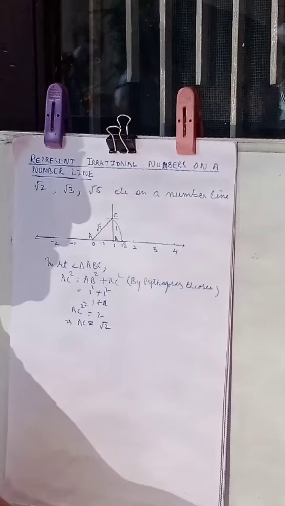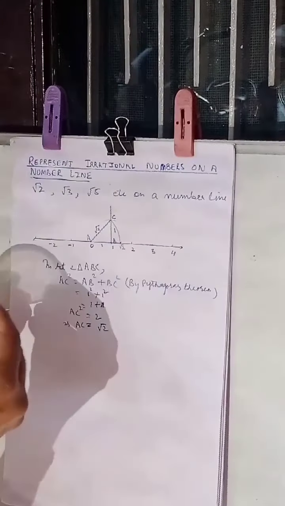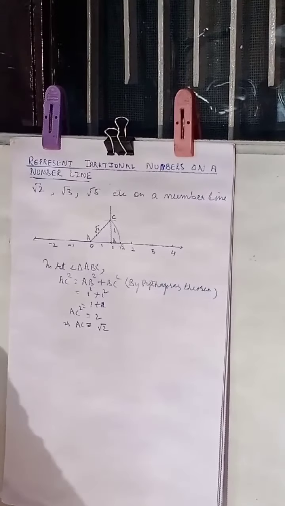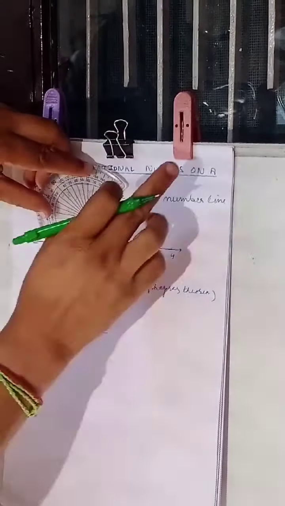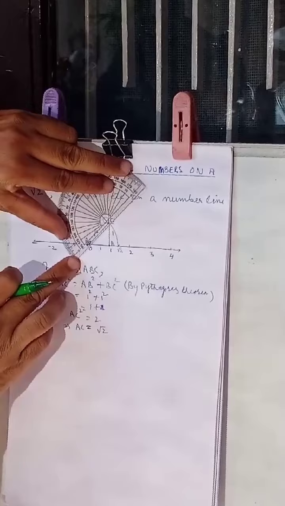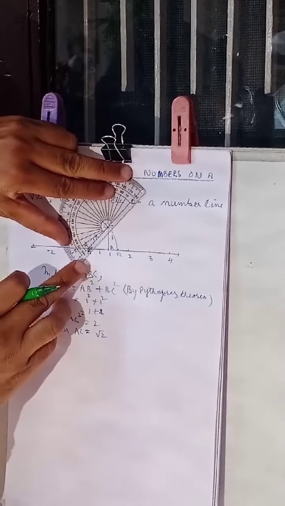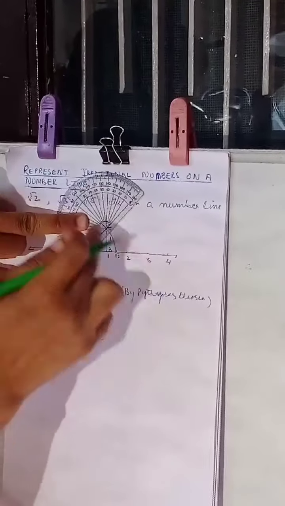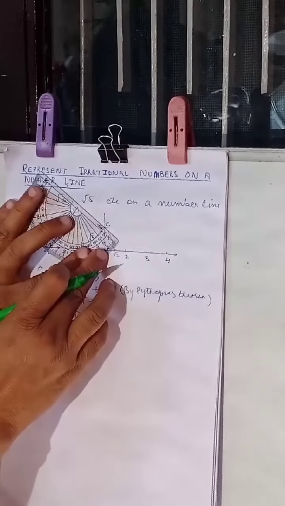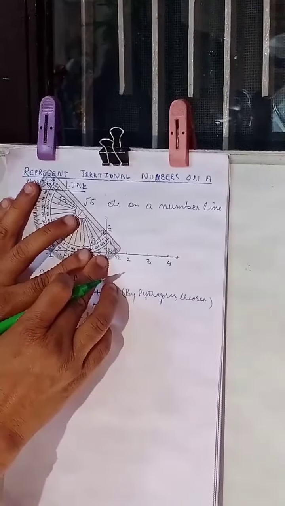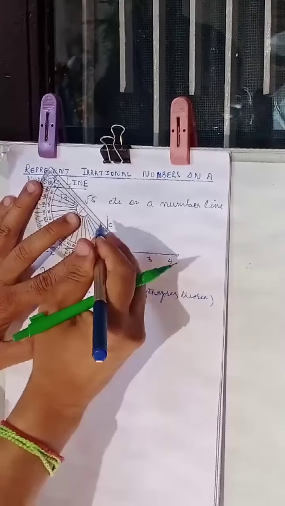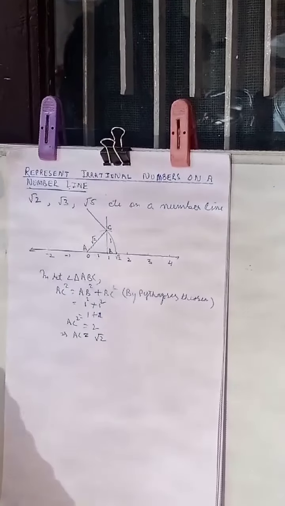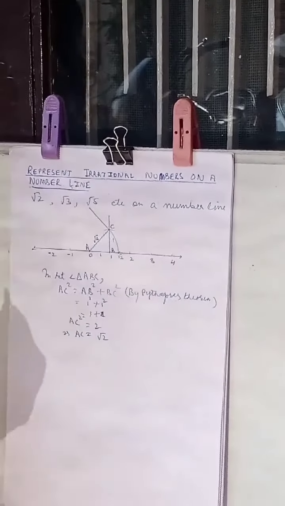Now, if you want to look at root 3, so move further. Now what to do? With the help of a protractor, at point C, draw another perpendicular. So with AC as the base and C as center, draw another line at 90 degrees.